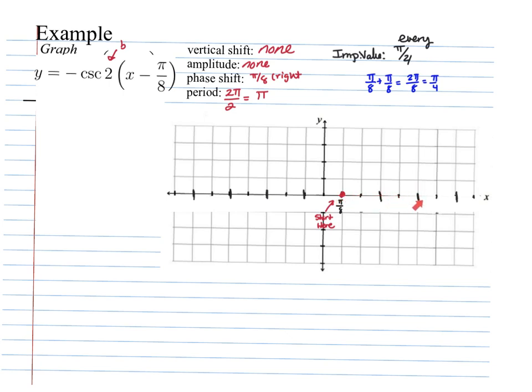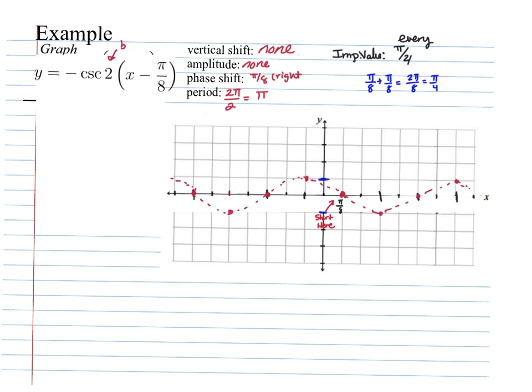1, 2, another special value. So this is why I mark those as bigger parts. That's where my little values are, because all of this is going by pi over 8 just because of my phase shift. So since I start there on my phase shift, and this is like a sine function, that's my intercept. So this is what we have for our sine function.